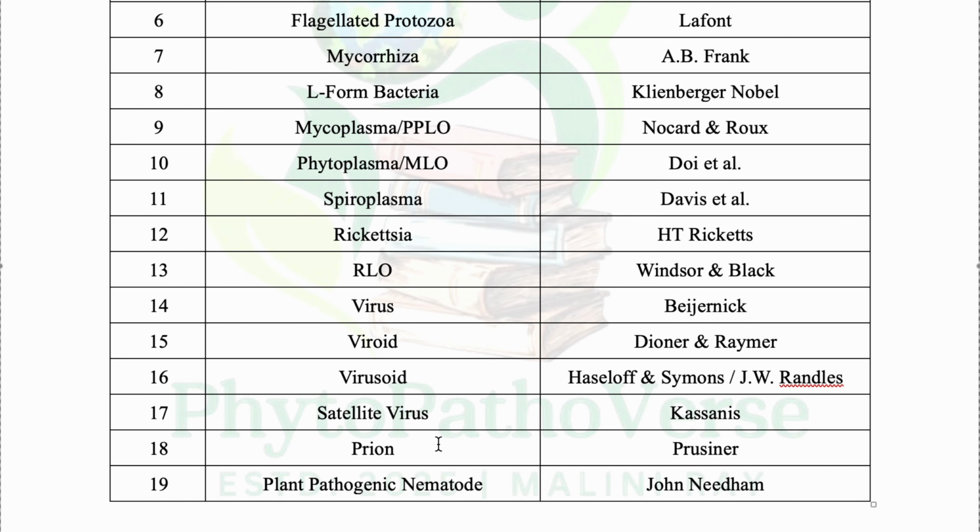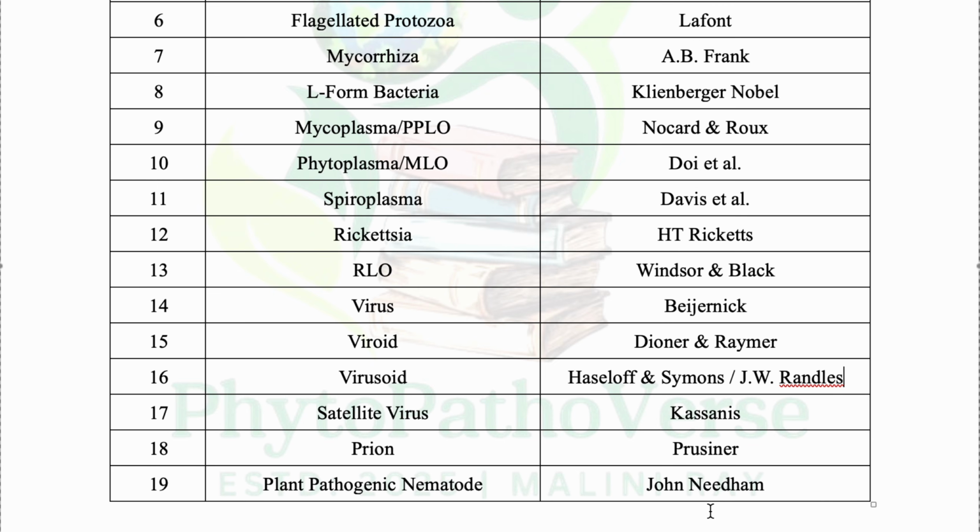Next, prions. Prions are the abnormal folded protein and it only infects animals. Okay, it was discovered by Prusiner. The last but not the least, that is plant pathogenic nematode. It was discovered by John Needham.